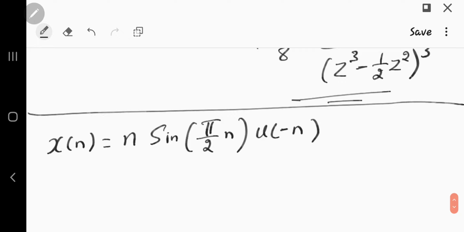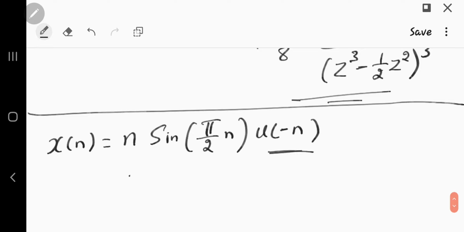So here if you observe u of minus n is there, so that means you have to apply time reversal property, and this is in the form of n into x of n form. So again differentiation property you have to use. This sine pi by 2 n, you have to convert that into exponential, then you can apply the remaining part.